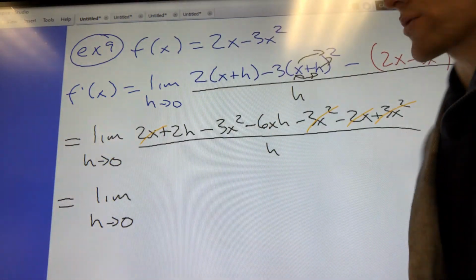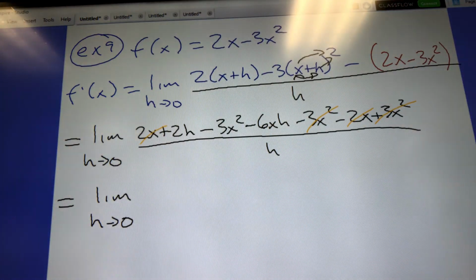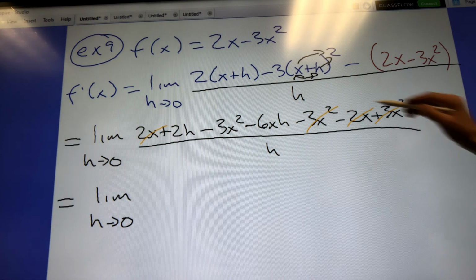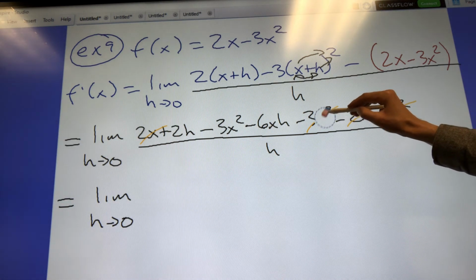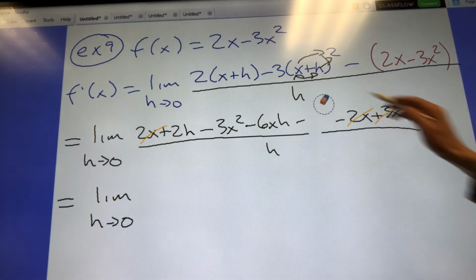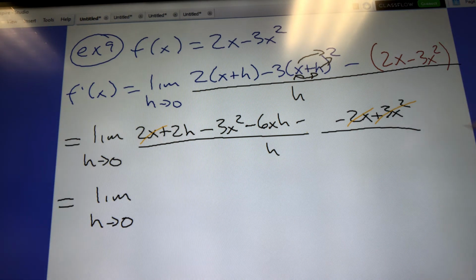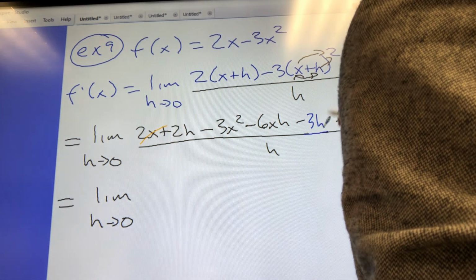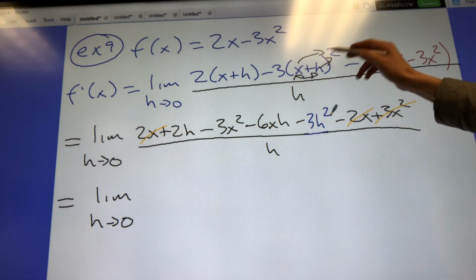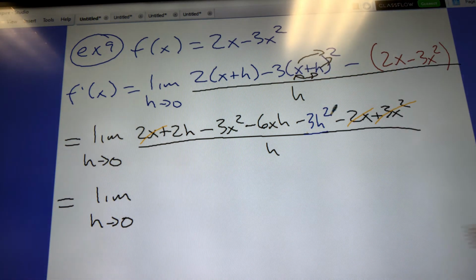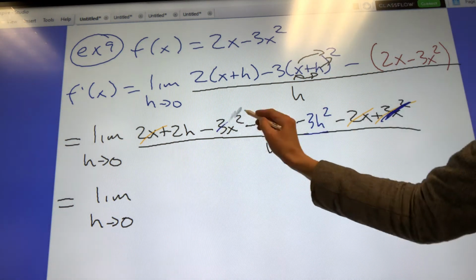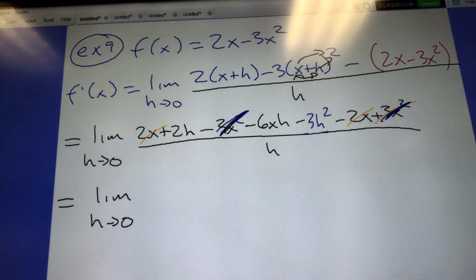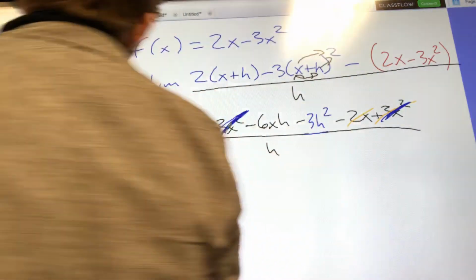I think I said it correctly, but this one right here, this negative 3x squared, should be a negative 3h squared. I wrote it wrong. It's that one right there. We said h squared multiplied by -3. Great. And that's a way to check your answer, folks. You know that something without an h can't be left over.